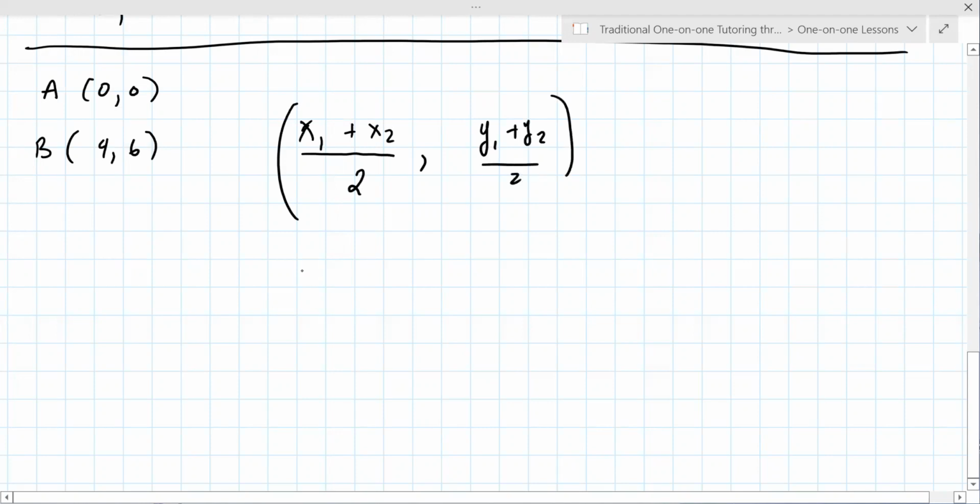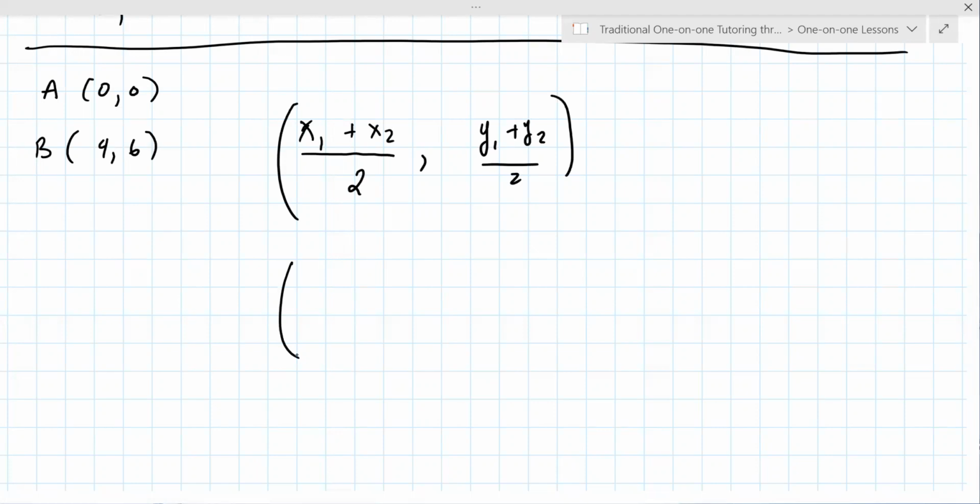All right. Tell me what X1 is. What is the value of X1? Now we're in B, right?